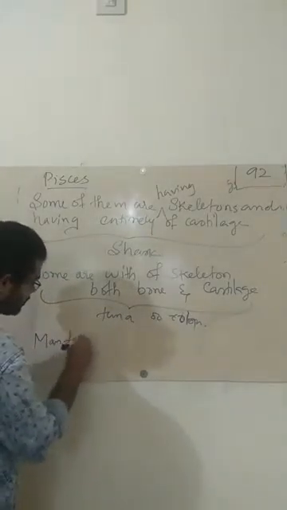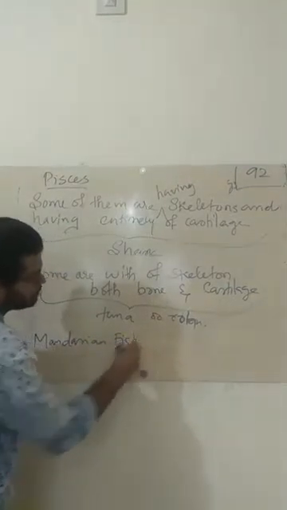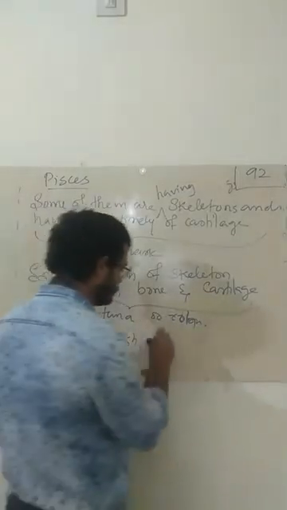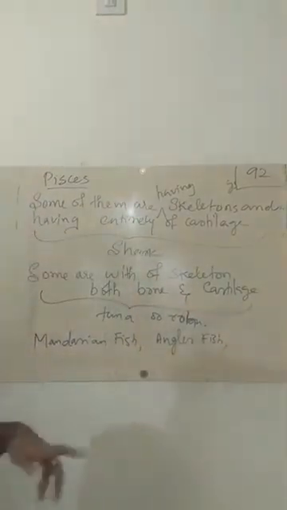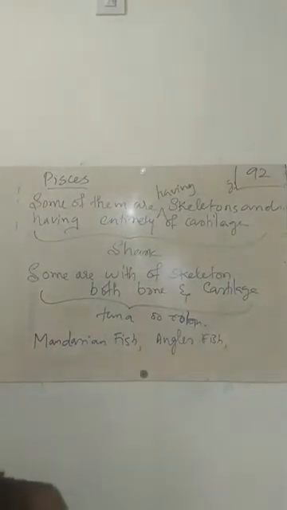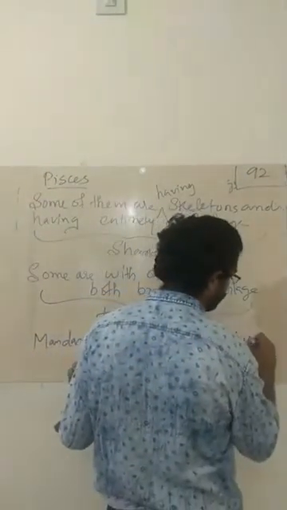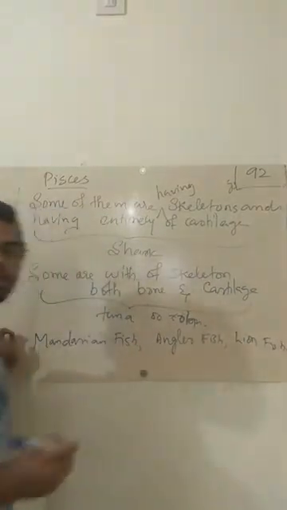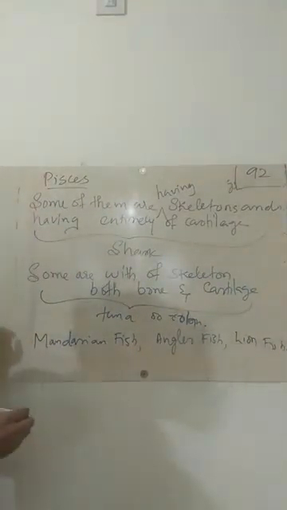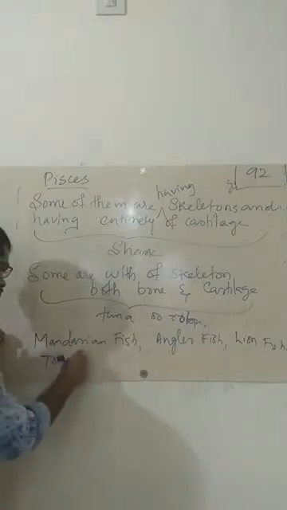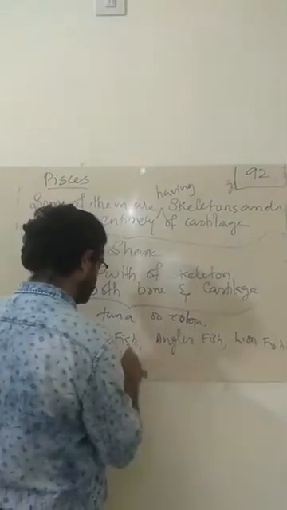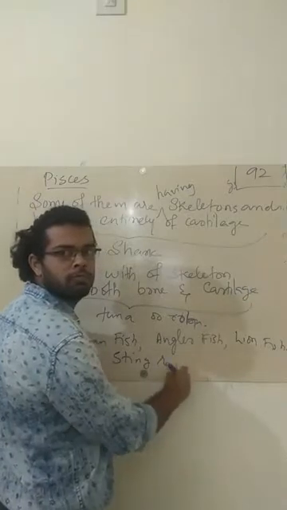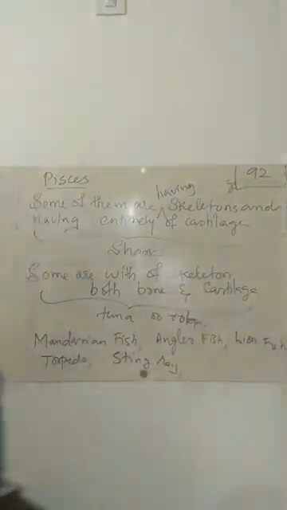You should only write this one, Mandarin fish, angler fish, lionfish, then torpedo, stingray, and dogfish.